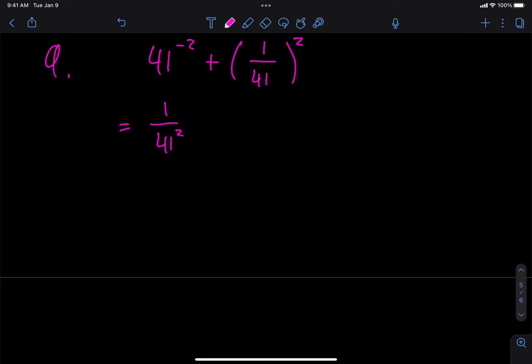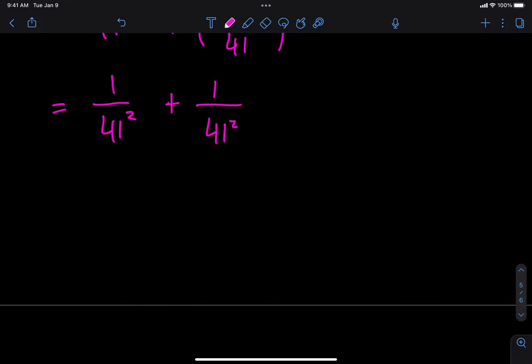Move it to the denominator, make it positive. How about the second thing? How can I rewrite 1 over 41 quantity squared? I can square the 1 and the 41 individually: 1 squared divided by 41 squared. What is 1 squared? It's just 1, so I'm just going to write 1.